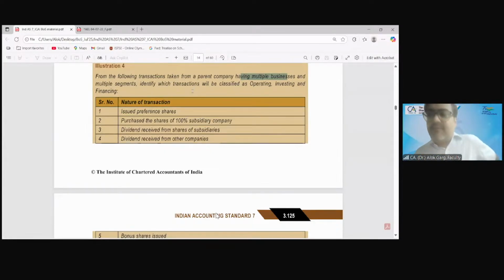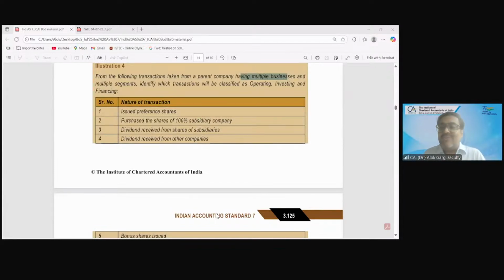Now the complete cash flow has come. Tell me, what is operating, what is investing, what is financing? I hope my study material is visible. Is it visible? Yes, sir. Issued preference shares. The company has issued preference shares. Financing activity.